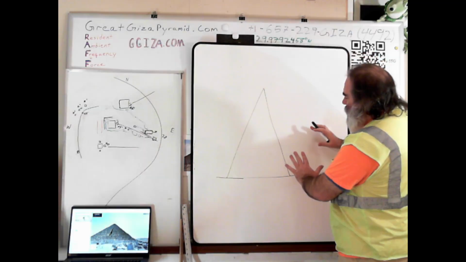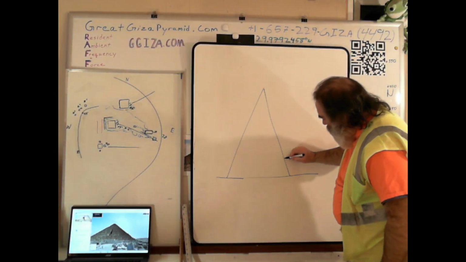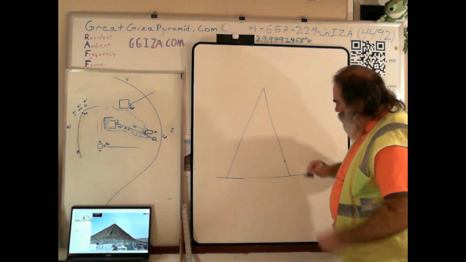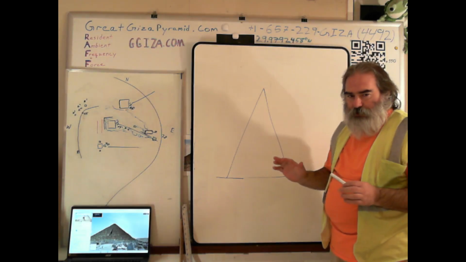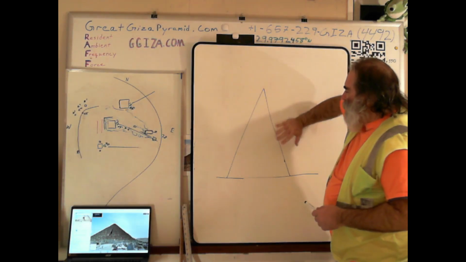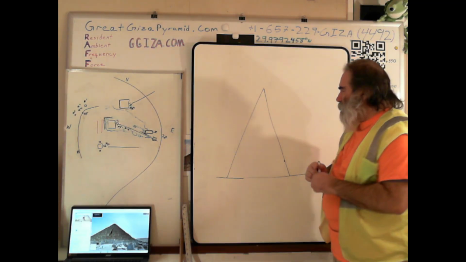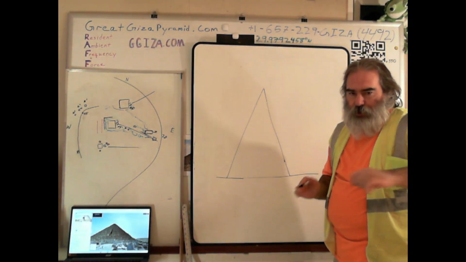Okay? If we put a barrier, a resistance factor down here, static electricity really doesn't like smooth surfaces, so we're going to rough it up. We already know that.